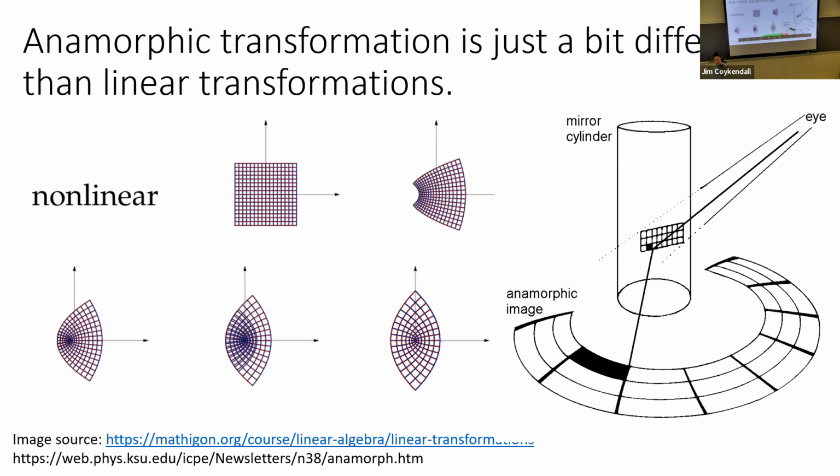I think if you are in a calculus course, you will also learn something like this. So the idea is that you look from here, and then it reflects from the cylinder to the paper, from the paper to the cylinder. And so if you wish to see a grid from the cylinder, then you should have a grid like that.